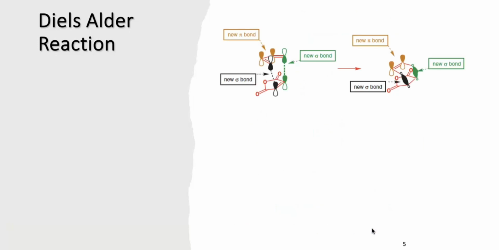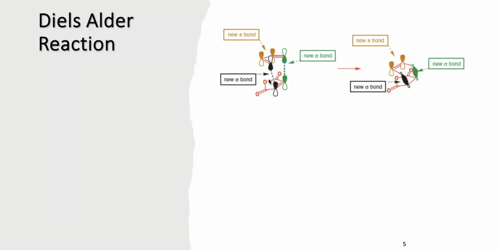Now coming to the molecular orbital picture of the Diels Alder reaction, as we can see, these 2 orbitals of the diene will overlap with these 2 orbitals of the dienophile. These black orbitals are in the same phase.